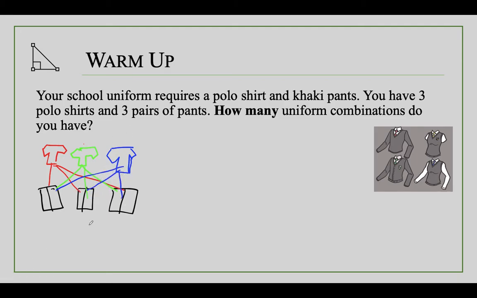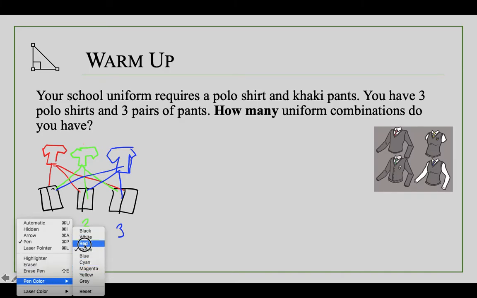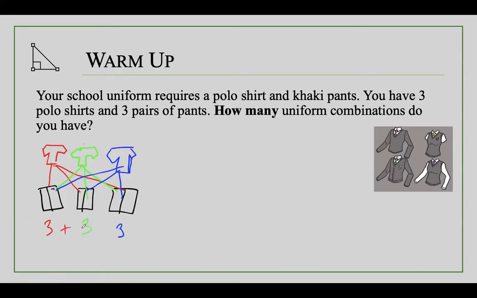So from the blue, I have 3 combos total. From the green, I have 3 combos total. And from the red, I have 3 combos total. So hopefully you got 9 uniform combinations.